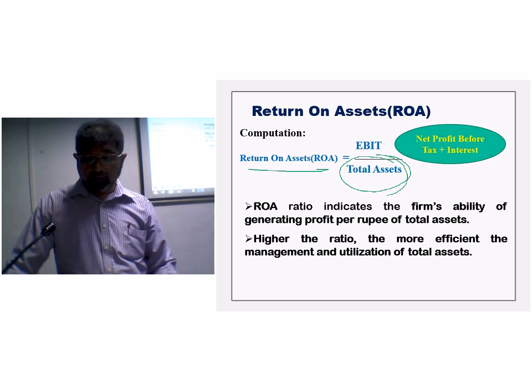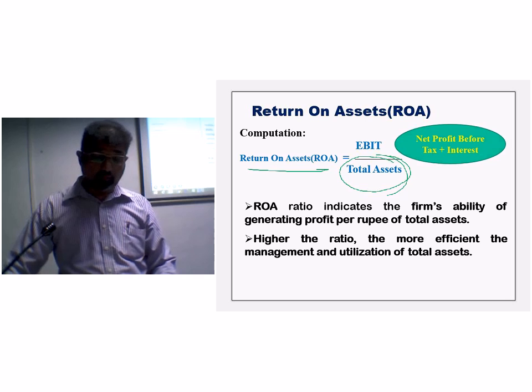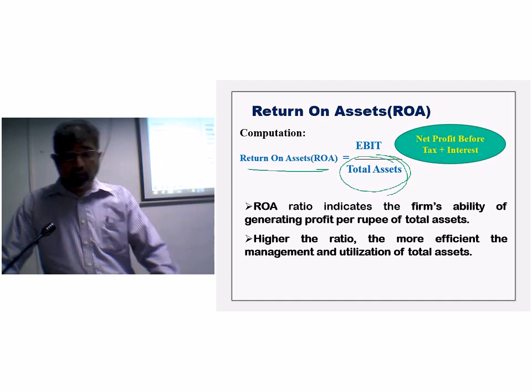Then you can see EAT means earnings after tax minus preference dividend, PD means preference dividend, over equity capital. Here you can see reserves and share capital, equity share capital, the ordinary share capital, into 100. Then we can compute ROE.